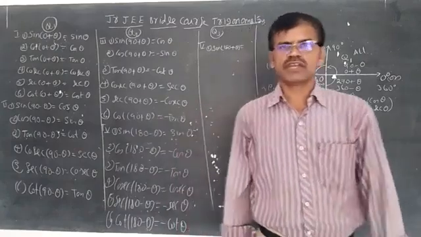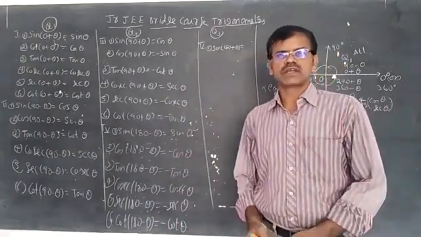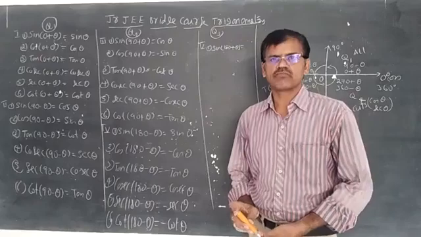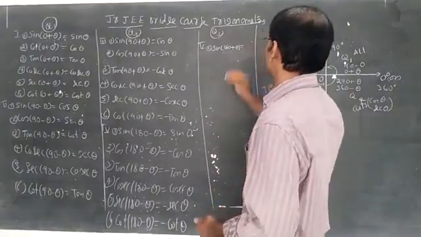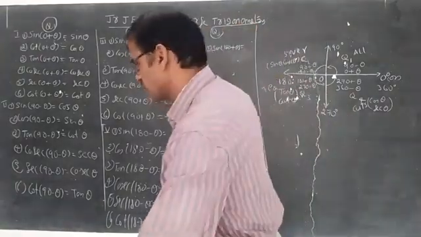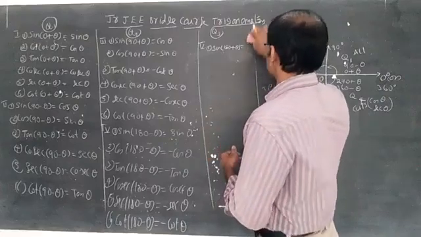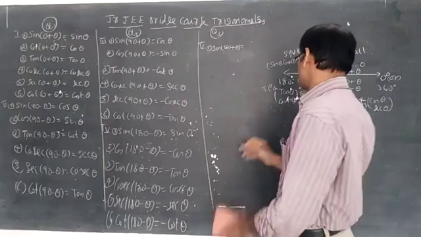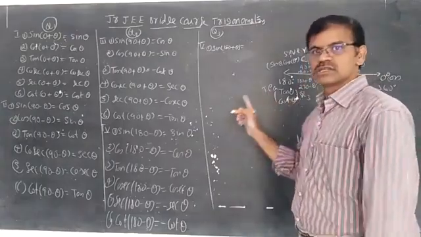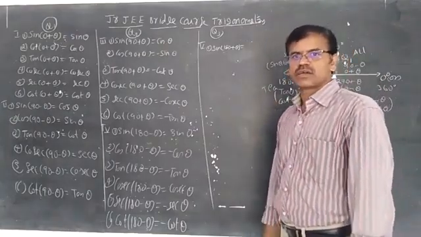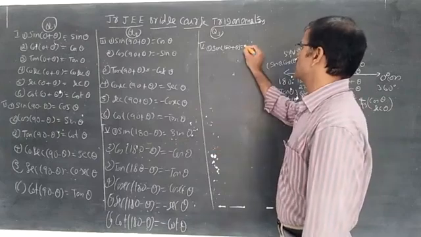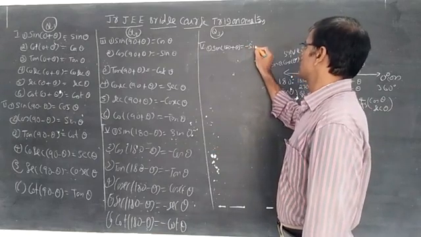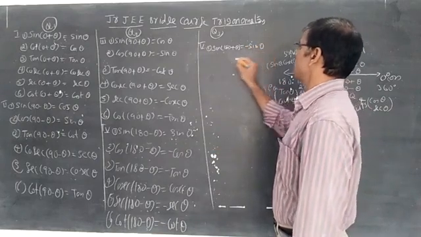In the case of 180 and 360, the trigonometric functions will not be changed. So we can write it as sine theta, but it depends upon the quadrant. In the third quadrant, tan theta and cot theta are positive, remaining are negative. So you write minus sine theta.